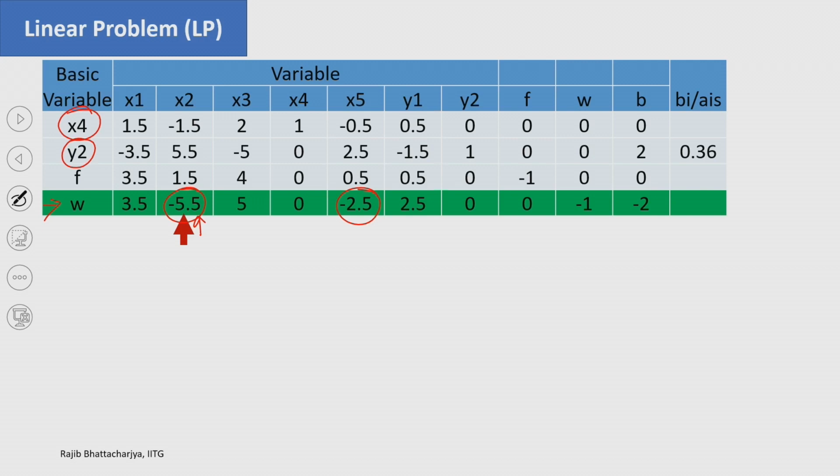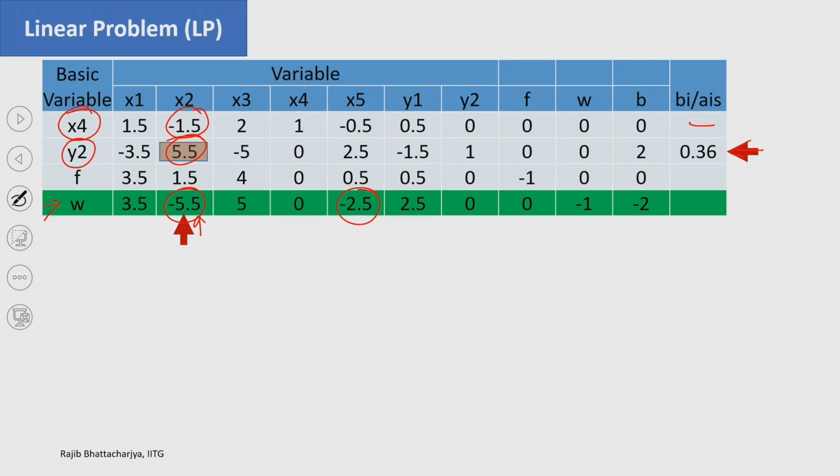The first one is negative, so we are not considering it. For the second one, that is 2 divided by 5.5, we are getting 0.36, and that is the only one, and therefore this is your pivoting element.